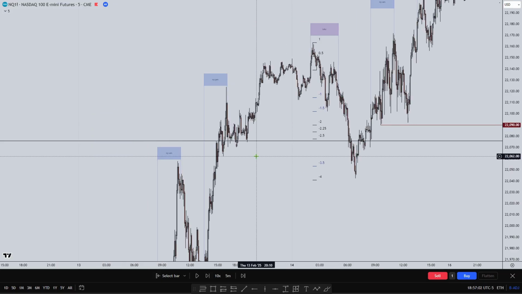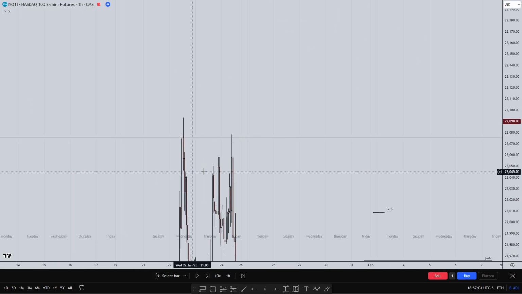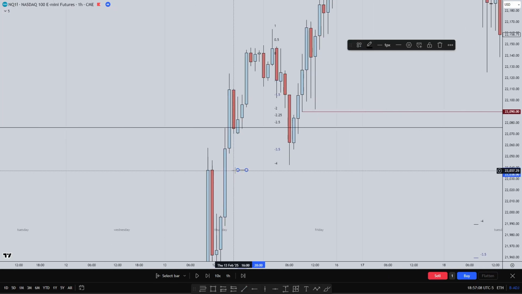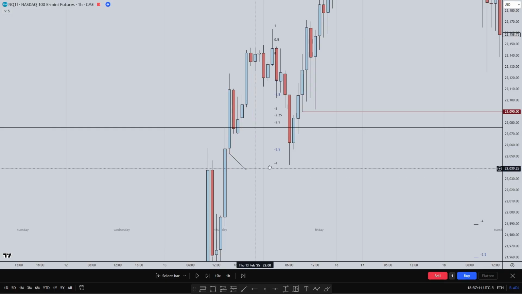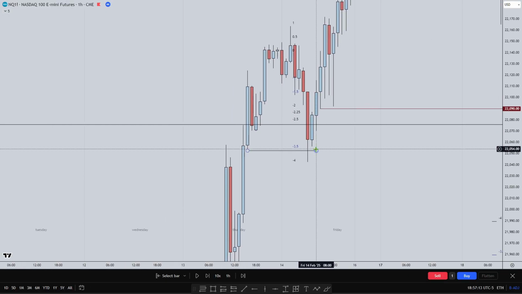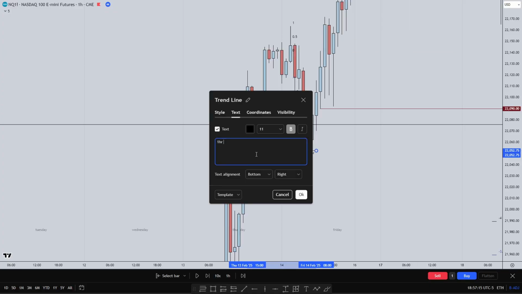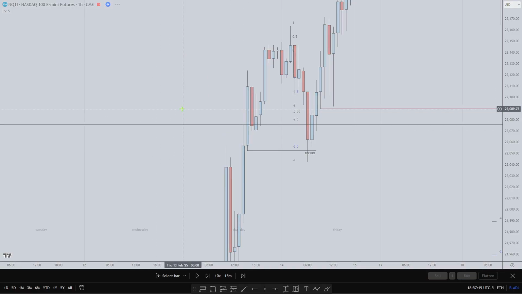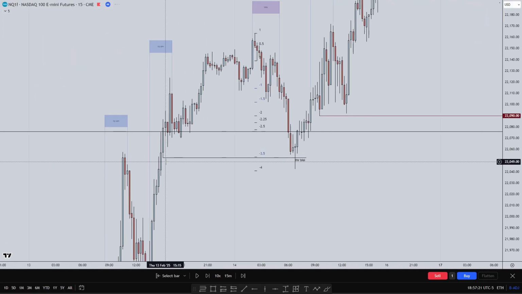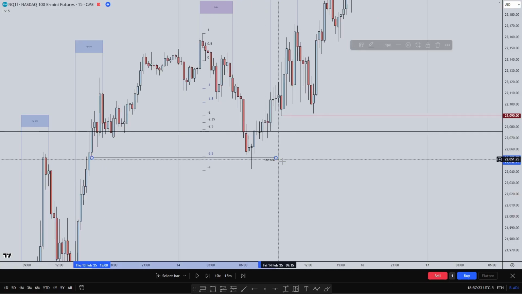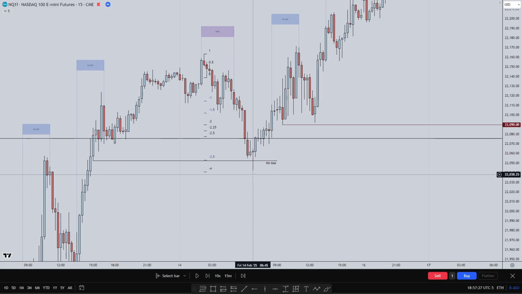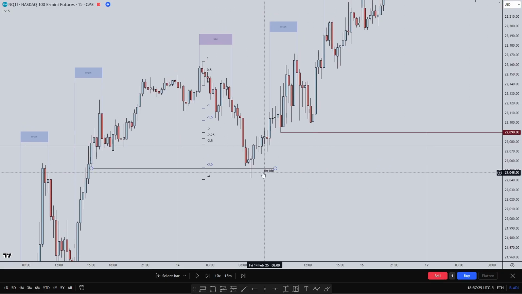And then here we have our high time frame PD array, right? High time frame PD array aligns with our -3.5, -4 max expansion deviations.